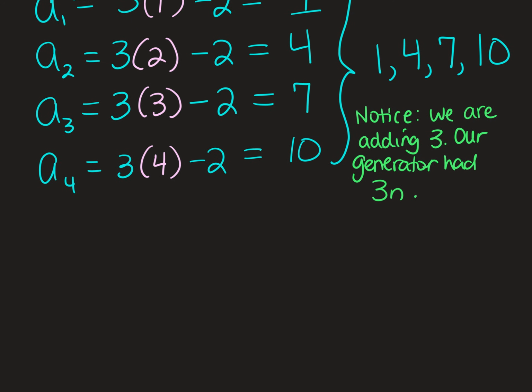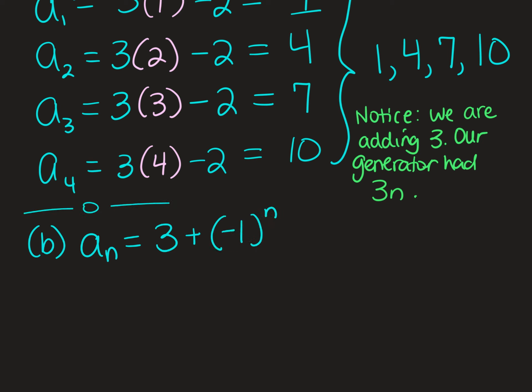Okay, let's do one more where we generate some terms. Make it a little more interesting. So this will be B under this set. My generator this time is a sub n equals 3 plus negative 1 raised to the nth power.